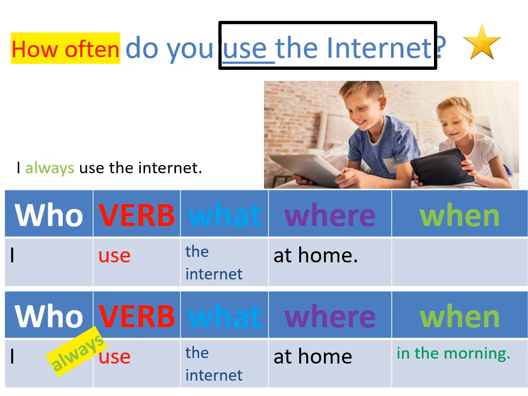Okay, so my full sentence is I always, that's the how often word, use the internet at home in the morning. So this sentence on the bottom is longer because I included more information. I told you where and when. So when you're writing your sentences, try to include all of that information.